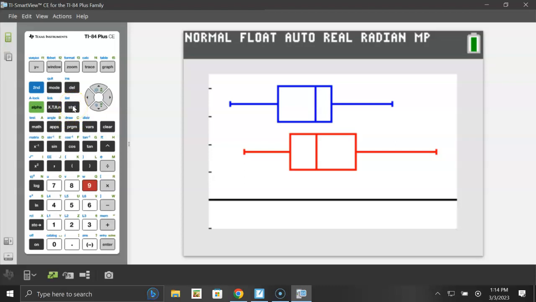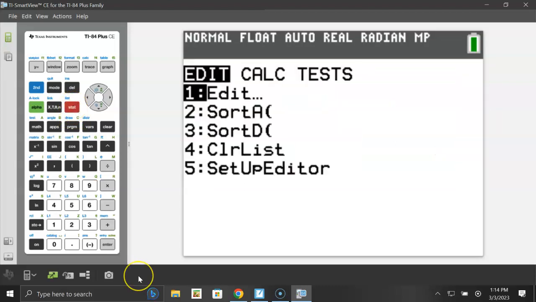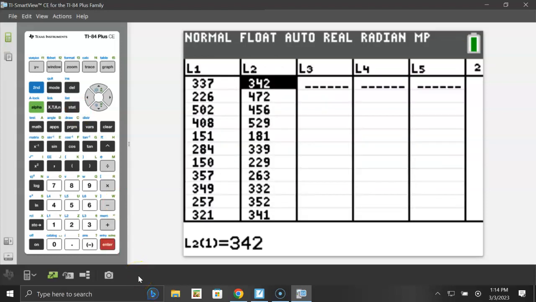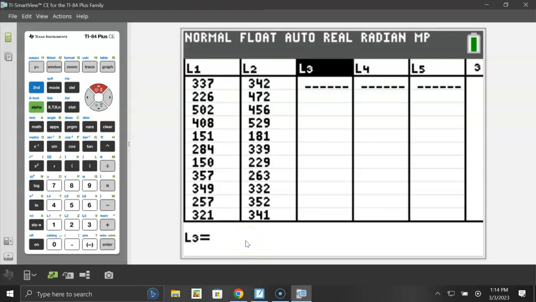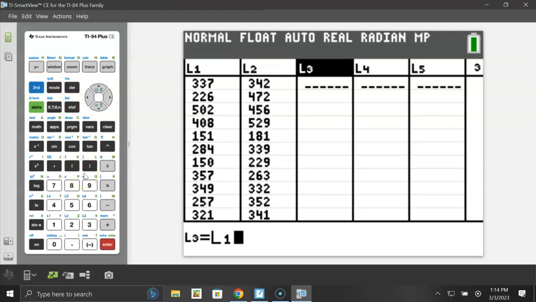All right. So if I go back into my lists, is there a way to do list 3 is list 1 minus list 2? Yeah, I would just watch me real quick while I do this.